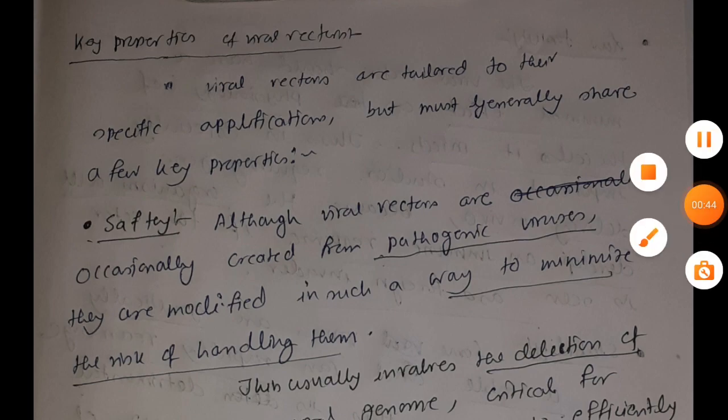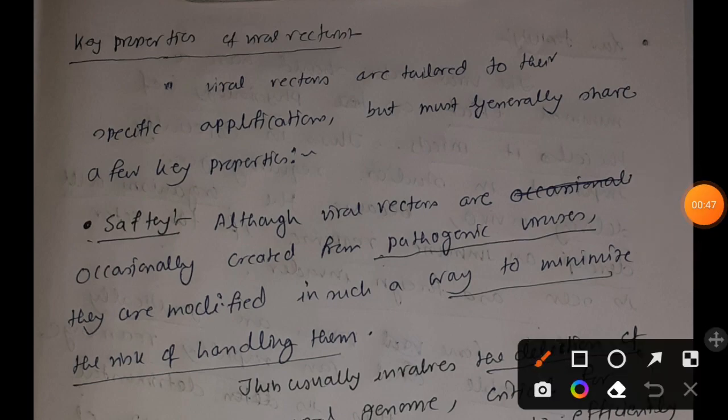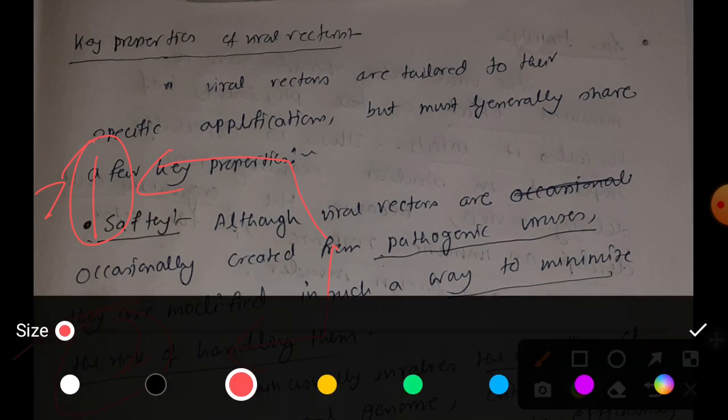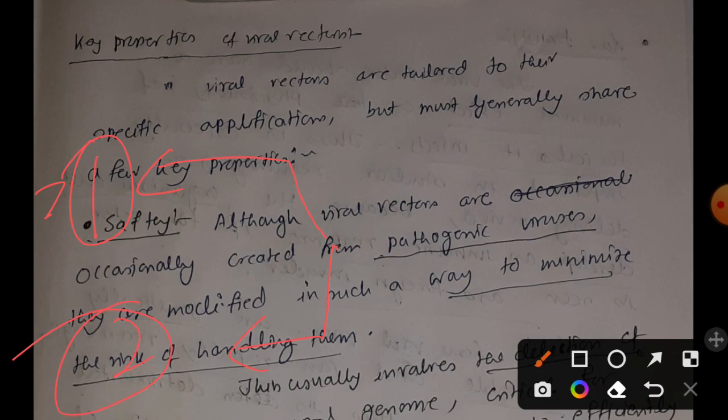In the advantage part we said that it has a high in vivo transfection efficiency, and the second advantage is that it facilitates sustained gene expression. On the other hand, it has a couple of disadvantages too.